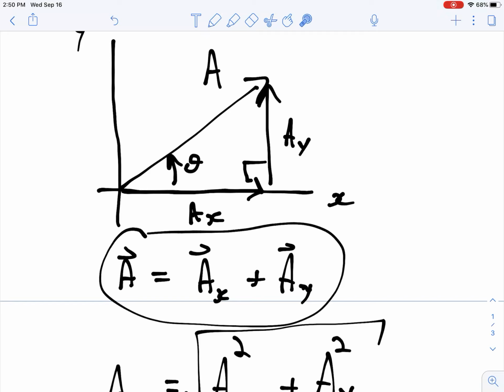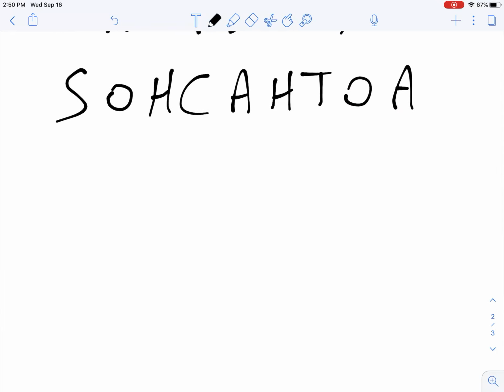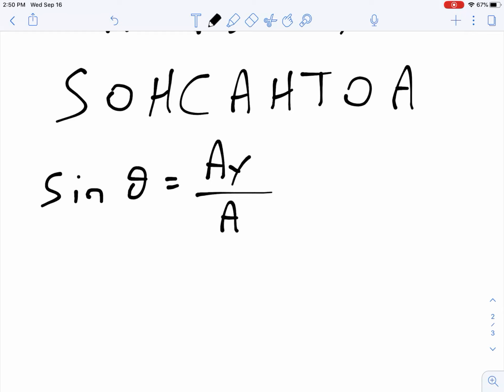There's my vector A. And if I look at the sine of that angle, the sine of that angle is going to be the opposite over the hypotenuse. That's what the sine of that angle is. So let's write that. The sine of that angle is going to be the opposite, which is the y component, over the hypotenuse, which is the main component.